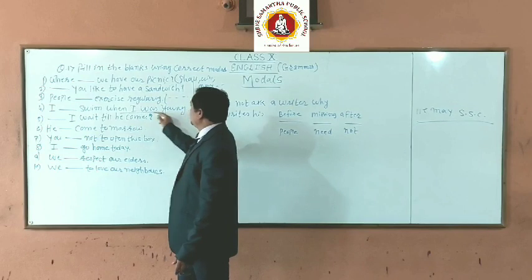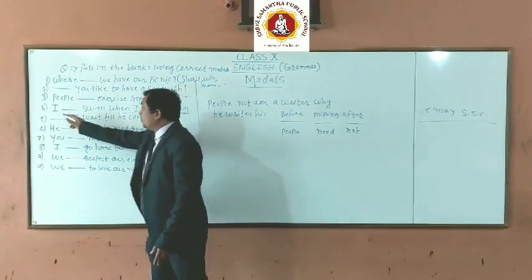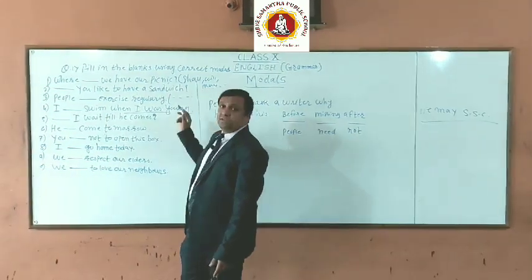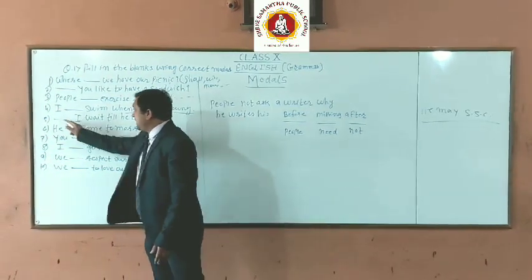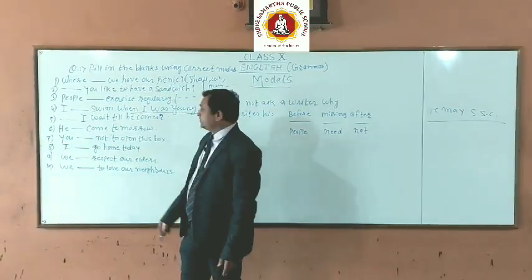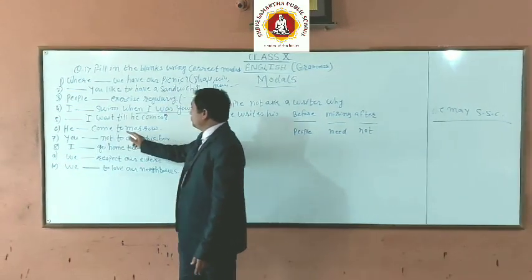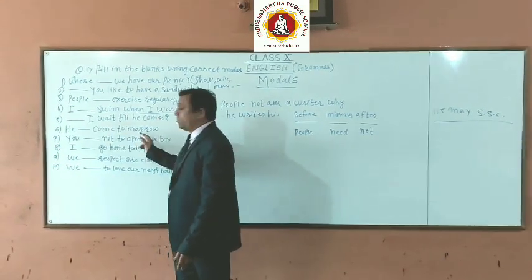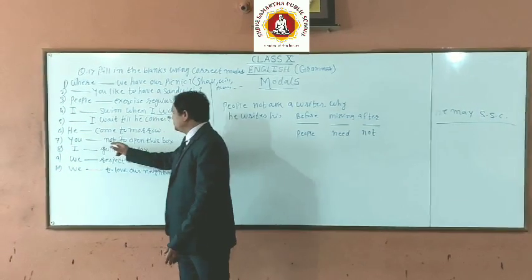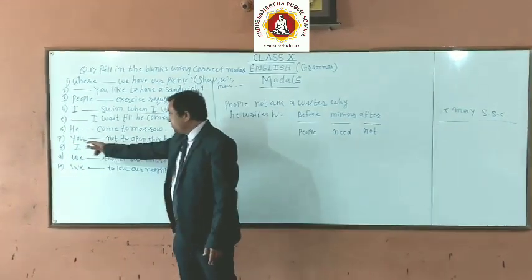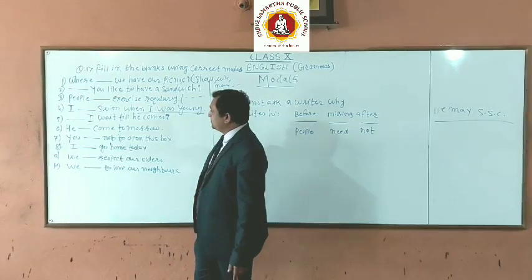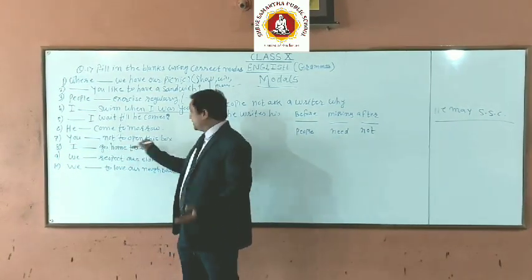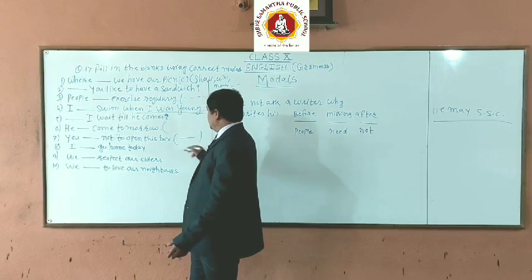It is a past habit, so: I used to swim when I was young. I wait till he comes: need I wait till he comes? He dash come tomorrow: he may come tomorrow. You dash not open this box: you dare not open this box. Here courage is there.